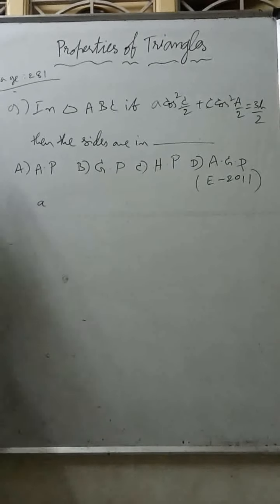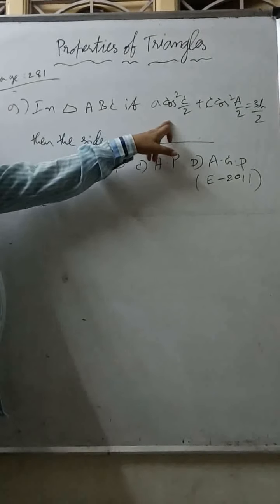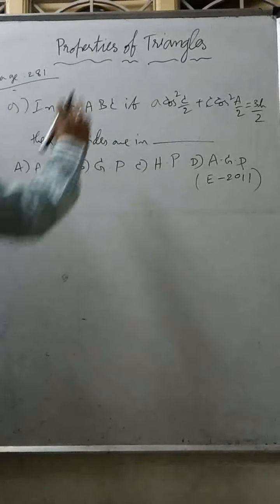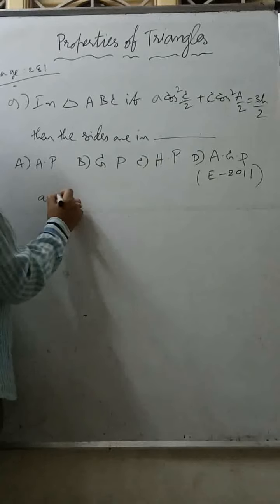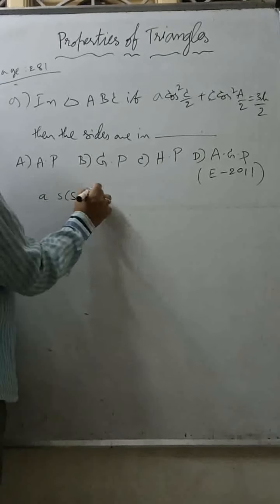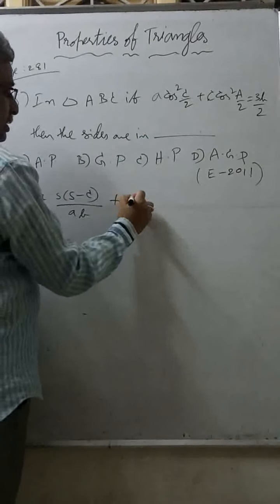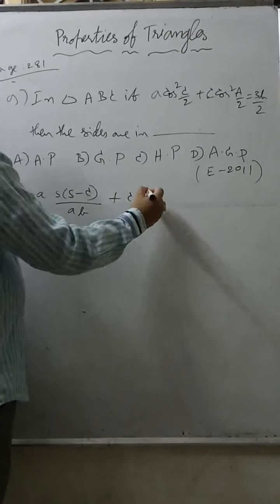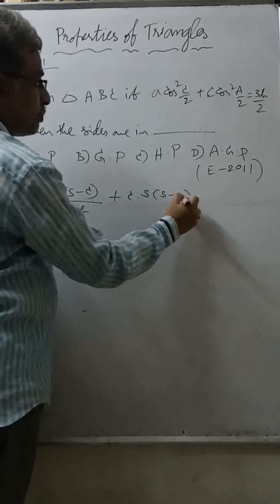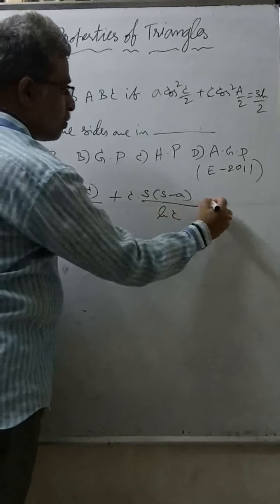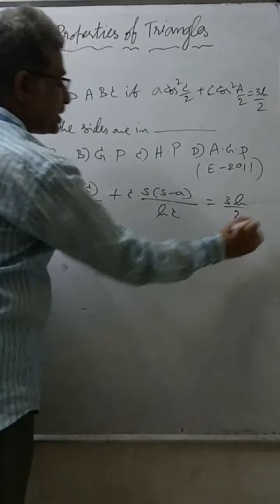What is the formula of cos C by 2? Root of s into (s minus c) by ab. Square is there, so the root will go off. It becomes s into (s minus c) by ab, plus this is c into cos²(A/2), same formula, s into (s minus a) by bc, equal to 3b by 2 as it is.